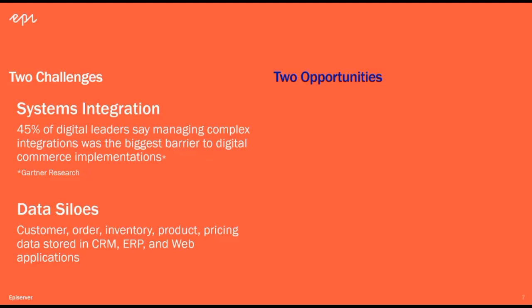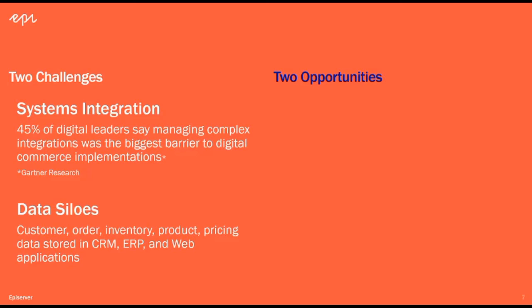So let me just touch on the two challenges that I most often see organizations face who are running AX or NAV or 365 for sales when they implement a new digital experience platform. No surprise, it's systems integration. People who are investing in digital experience say that integrating to their back office systems is the nightmare.